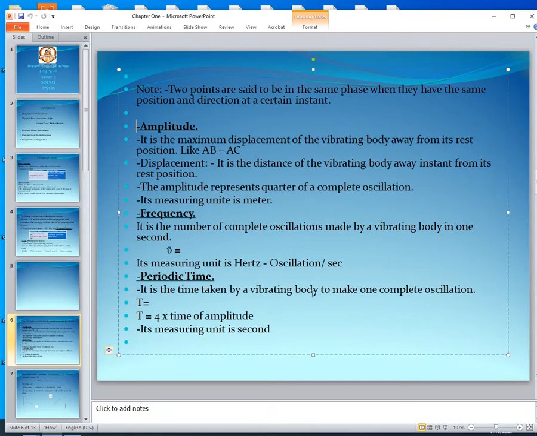Why do we call it the maximum distance? Because this is the distance between the original position and the maximum point away from the rest position. This maximum point is called amplitude, of course. What about any point in between the original position and the maximum point?